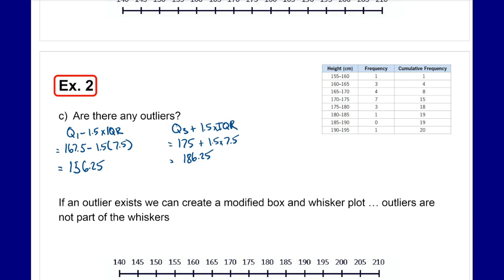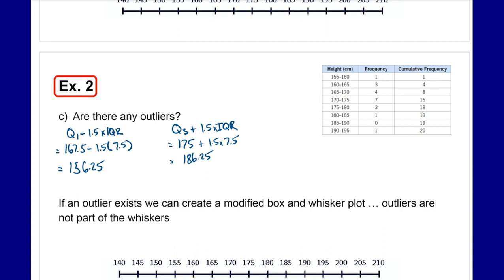So could we have any data that is above or below those 2 values? If we look at our data, we do. We have this value here, which is below, and this value here, which is above. So those 2 values are statistically outliers.